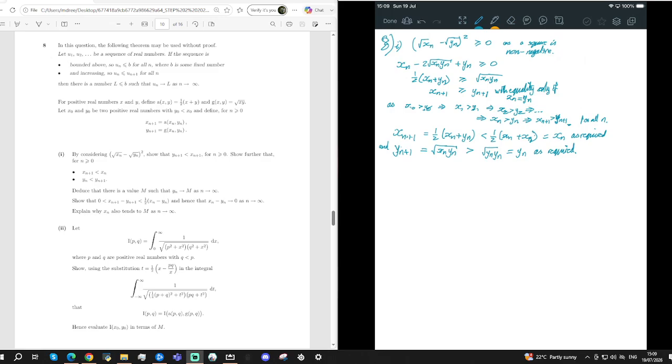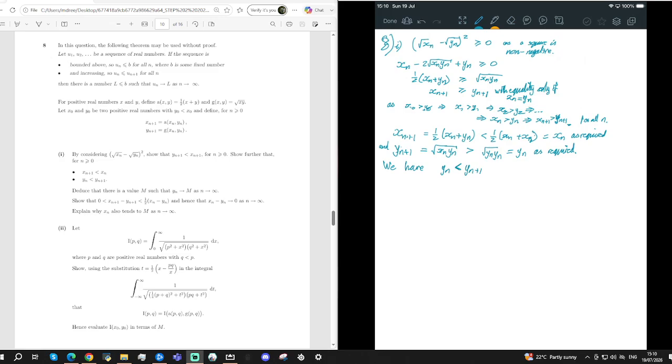But now we actually want to use this theorem to deduce that there's a value of m such that yn tends towards it. So we've shown we have that yn is less than yn plus 1, and we want to show this is less than some fixed value as well to use the theorem.